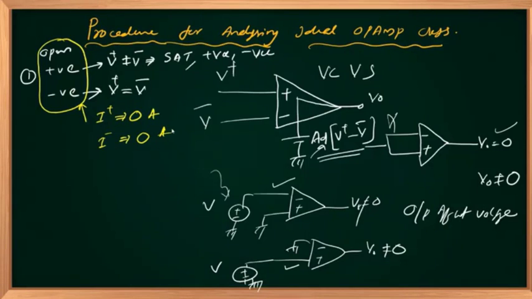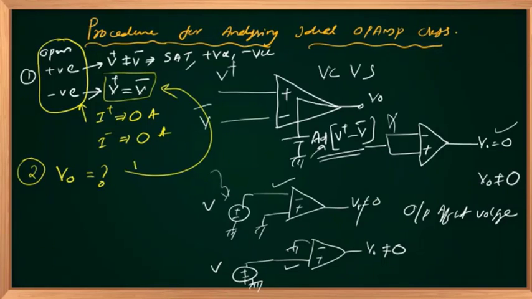That is true in all three cases. And one condition is valid only for case number 2, that is V plus equal to V minus. So while identifying the output voltage in the negative feedback case, you can impose the condition V plus equal to V minus to find the output value. In the other two cases, output is either at plus VCC or minus VCC.